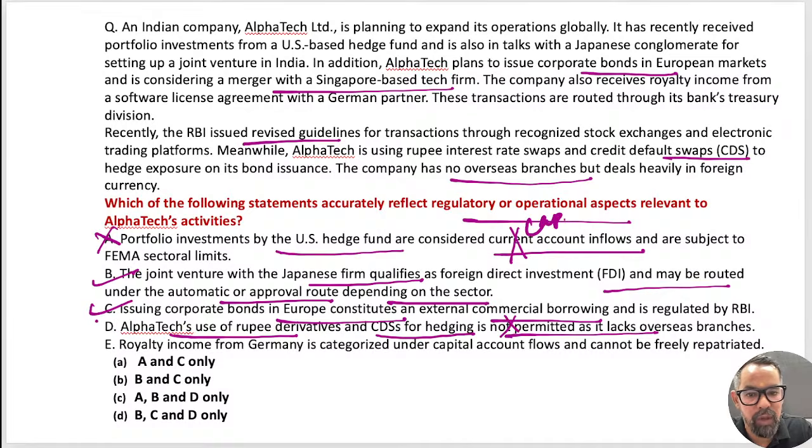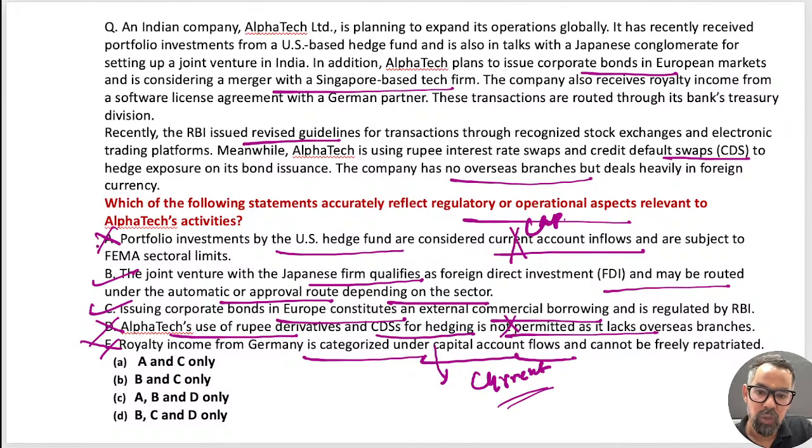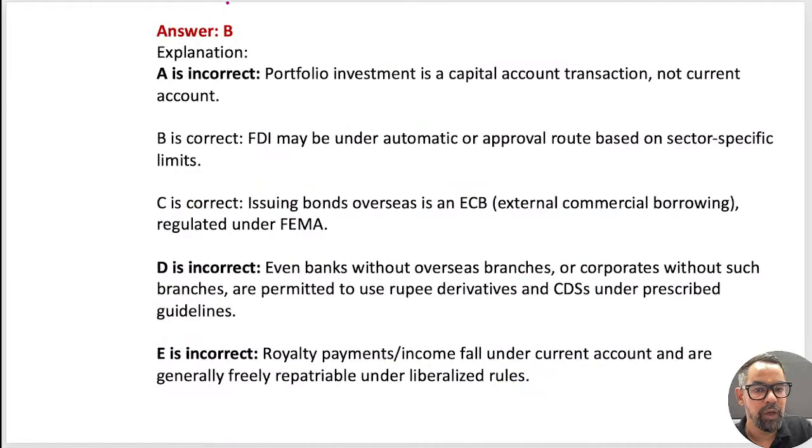That doesn't mean branches, they are not related basically. Royalty income from Germany is categorized under the current account. Please do remember this one. So it comes under the current account. So this should be wrong again. So A and B and C. B and C means option B should be the right answer.